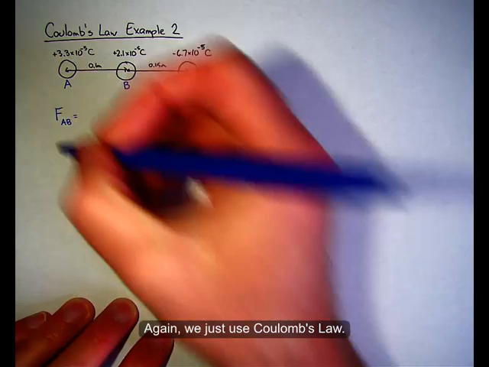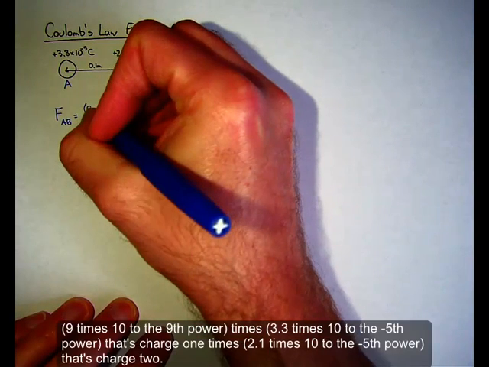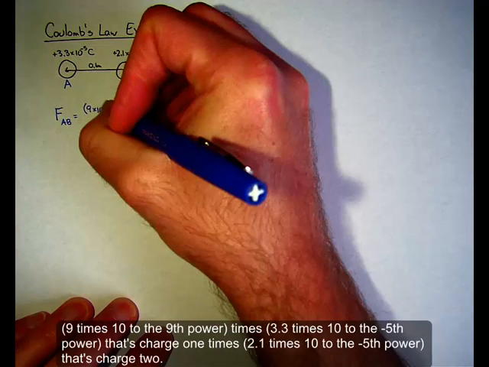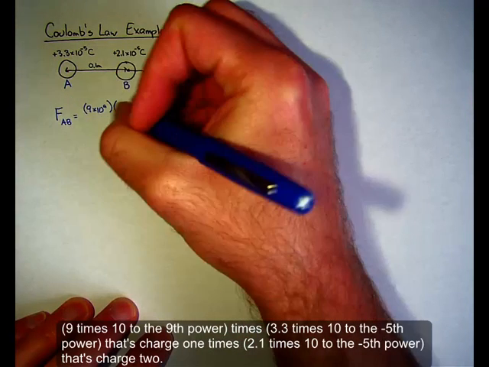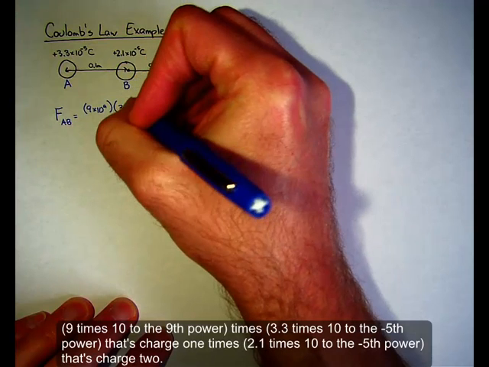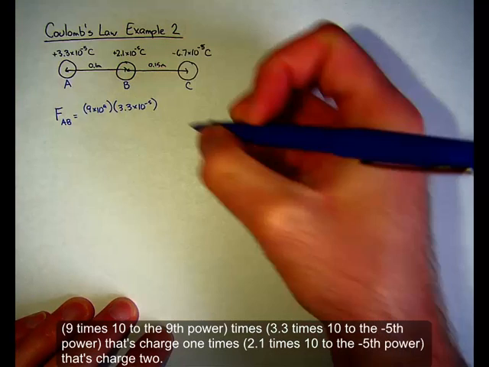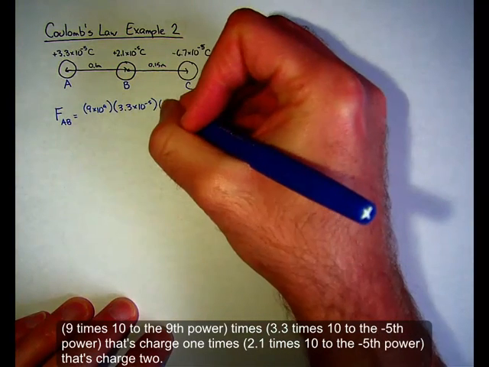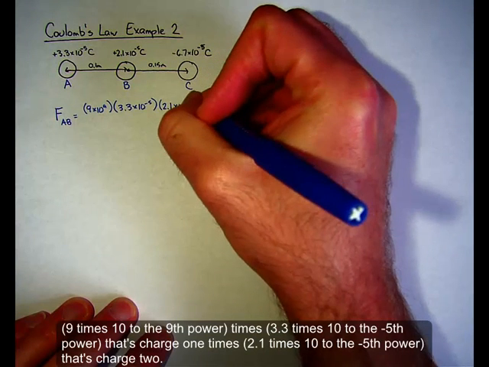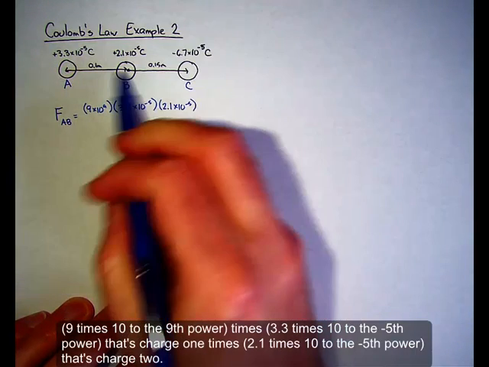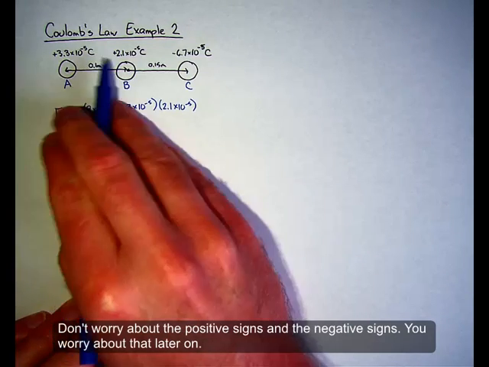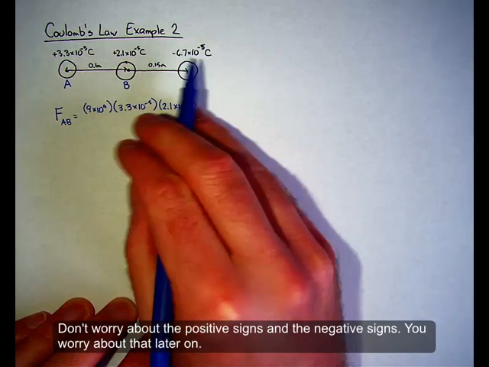So again, we just use Coulomb's law. So 9 times 10 to the 9th times 3.3 times 10 to the negative fifth, that's the charge on number 1, and then 2.1 times 10 to the negative fifth, that's the charge on number 2, basically A and B. Again, you don't worry about the positive signs and the negative signs. You worry about that later on.